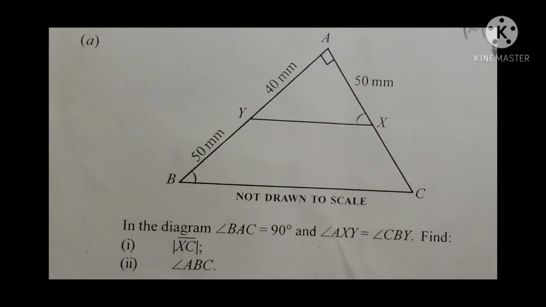Right. Now in the diagram, you have angle BAC, which is 90 degrees, and angle AXY, which equals angle CBY.